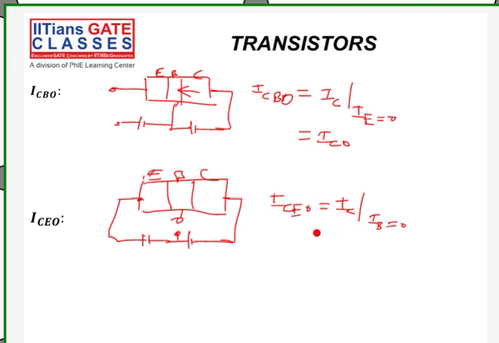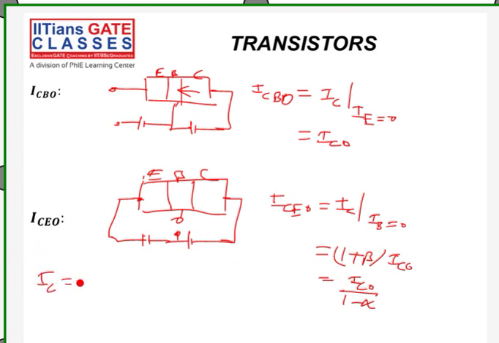When IB is 0, in this case, what will be the collector current expression? 1 plus beta ICO. It means ICO divided by 1 minus alpha. You remember this, how it came?